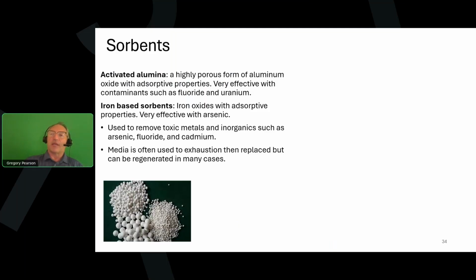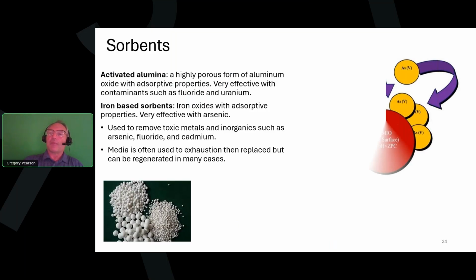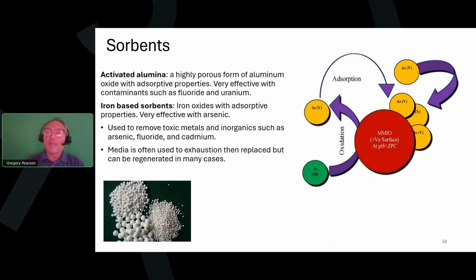Sometimes it can be set up so the media is just a throwaway media, where you have to take it to the appropriate type of waste facility, but you just use it till it's done, or in some cases you regenerate the media. An example of an iron-based media for arsenic: you see on the left-hand side of this diagram, arsenic 3 is a neutral form of arsenic.